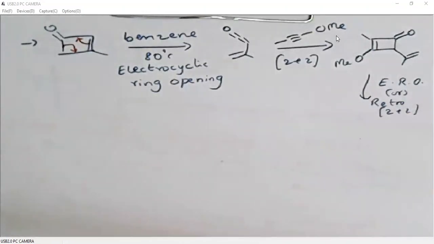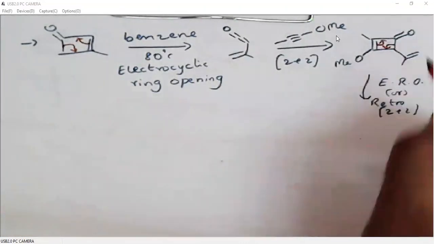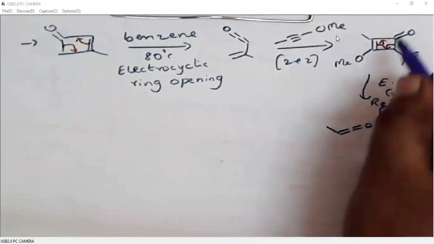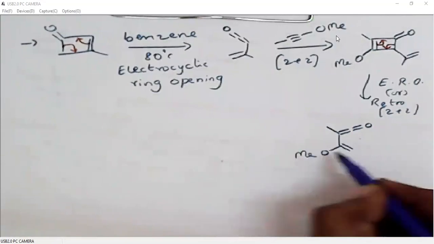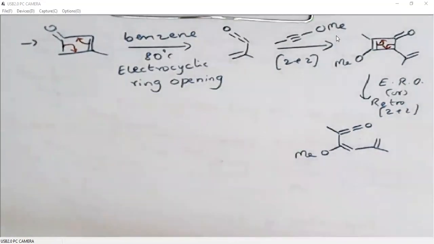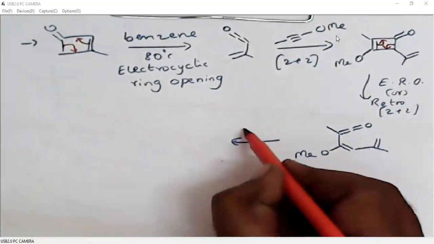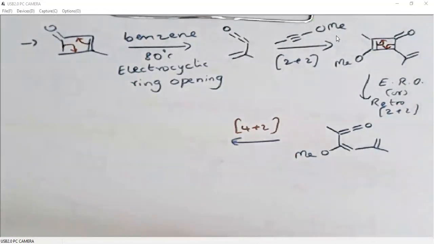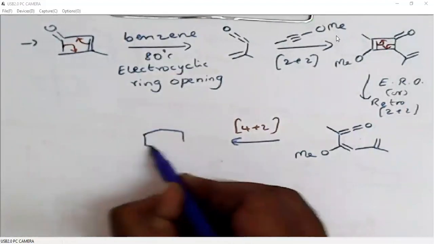Then it generates, we can break here so that we can generate another ketene. Now this will undergo 4+2 cycloaddition because we have 1, 2, 3 double bonds in the system. So it will undergo a 4+2 cycloaddition. So it generates a 6-membered ring.